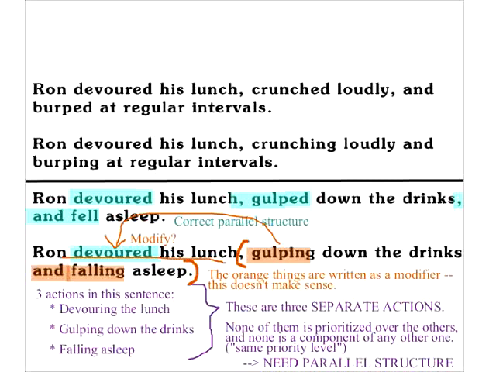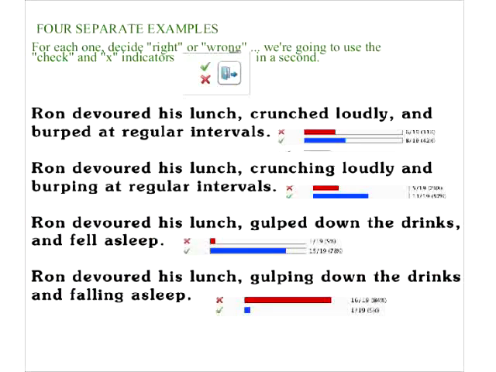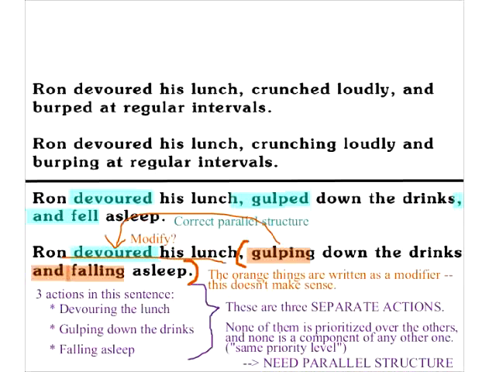Okay, now let's go to the first two. As far as the first two are concerned, we were very split. We had close to a 50-50 judgment on these, but there were a number of people who thought that both of them were fine. They're not both fine. Let's look. There are three actions in this sentence. Let's talk about what they are.